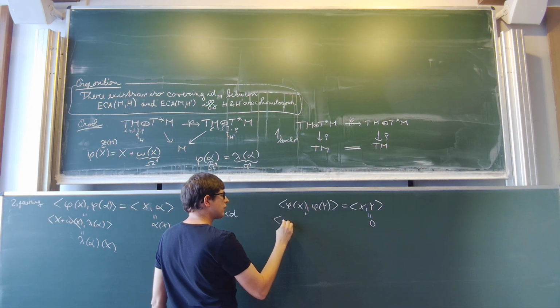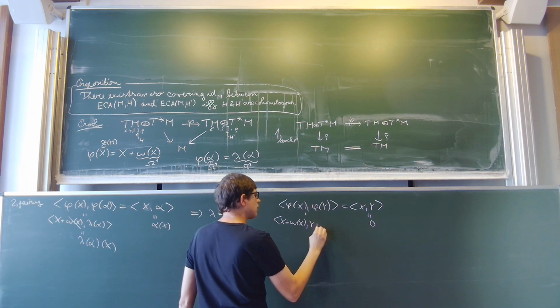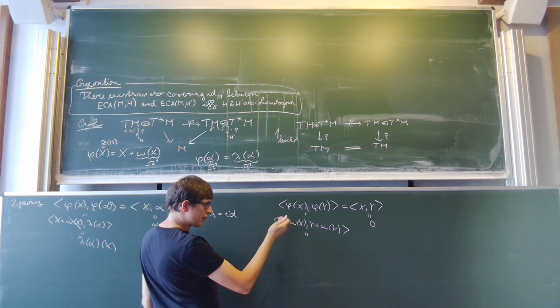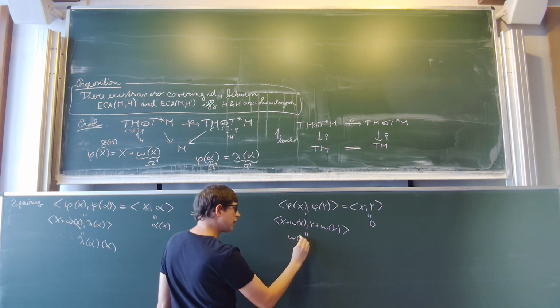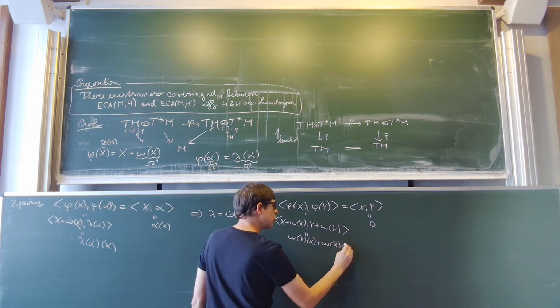So what is this? It is x plus omega x and y plus omega y. The pairing works in a way that it pairs vectors with covectors, so this is omega y on x plus omega x on y.